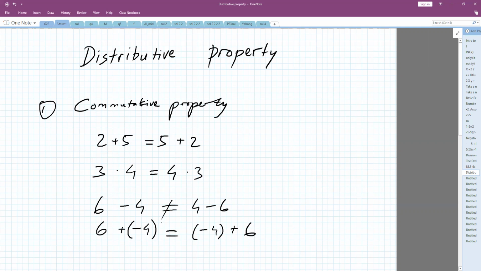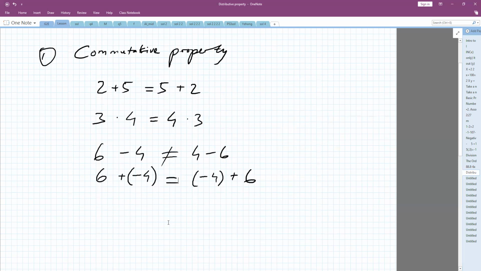But when you have multiplication, for example, 5 times minus 3, this is fine actually when you do minus 3 times 5, because minus 3 times 5 also gives you negative 15, right?